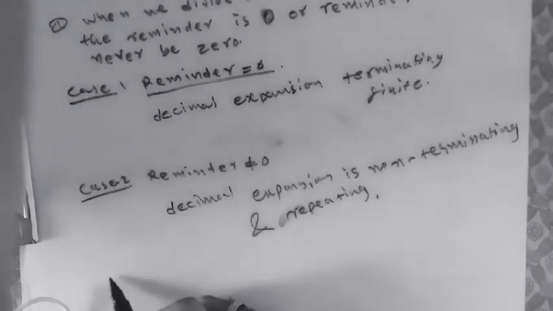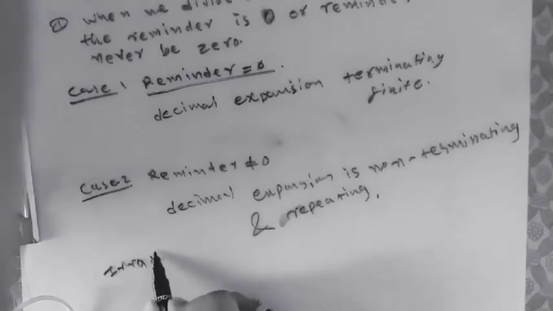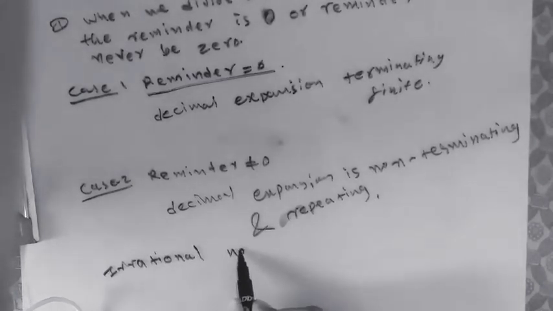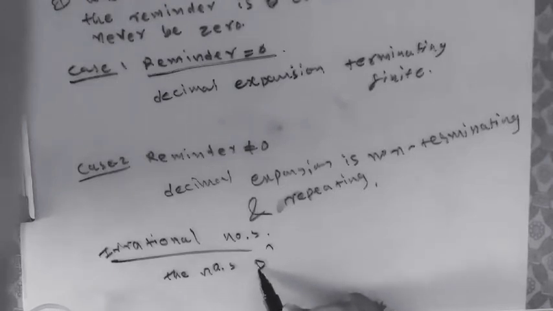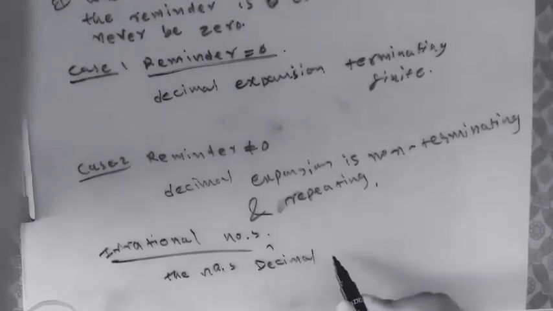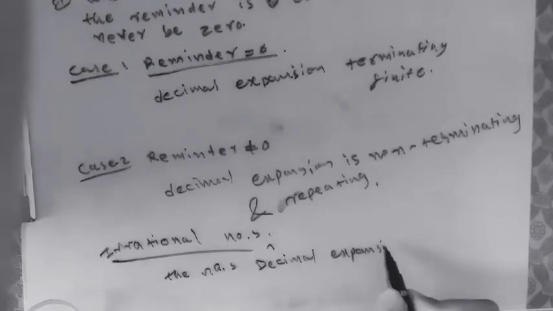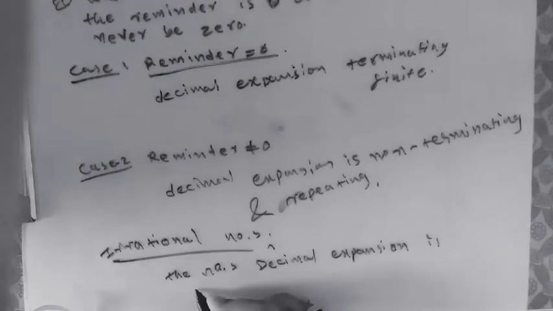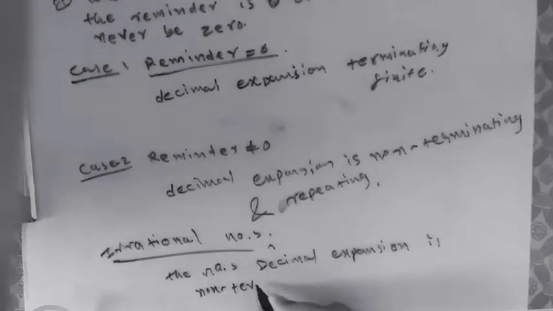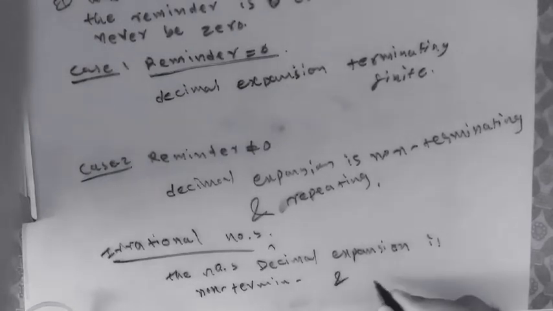In irrational numbers, the decimal expansion is non-terminating and non-repeating, as we saw earlier.